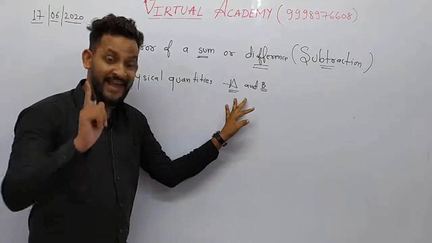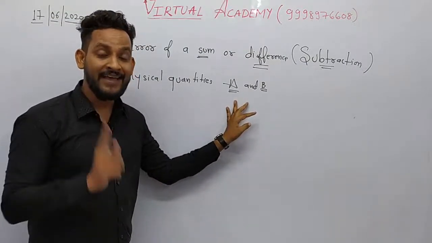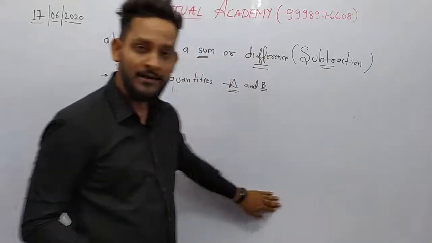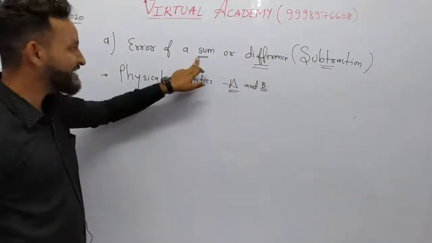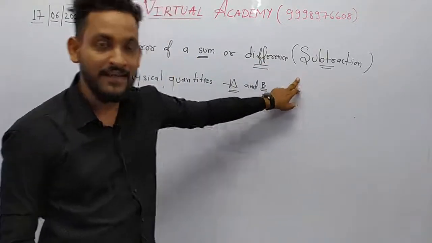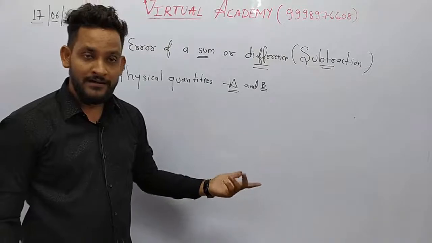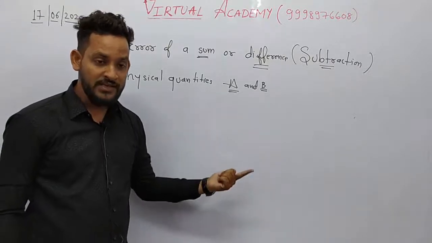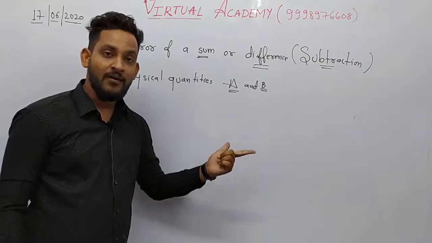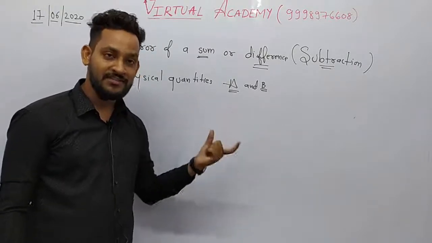Just keep in mind that this error is absolute error. Now the question that arises in your mind is how to do addition and how to do subtraction of that error. So it is possible to combine error in addition or subtraction. So dear students, it is easy and possible to add and subtract that error.